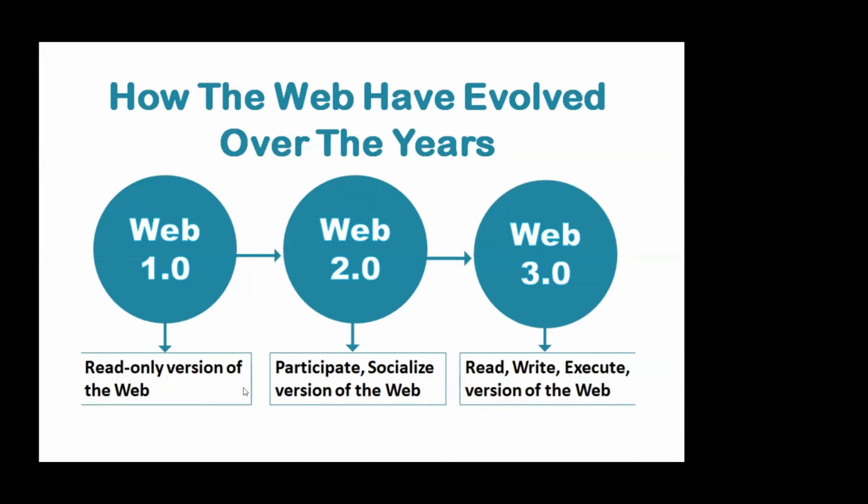We are going into Web 3, which is mostly write, execute, read. And all this AI you are looking at is also included in the third version of the web. We are also in a mixture of version 2 and version 3 now in the web.